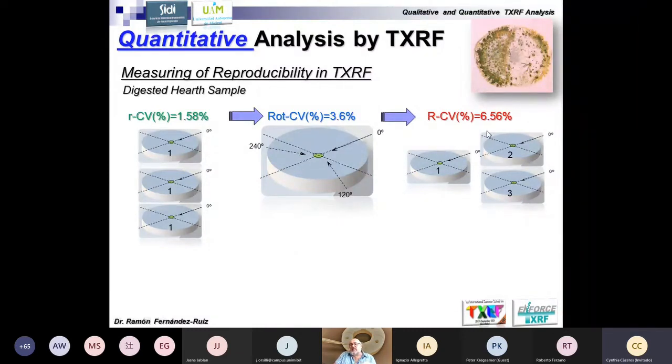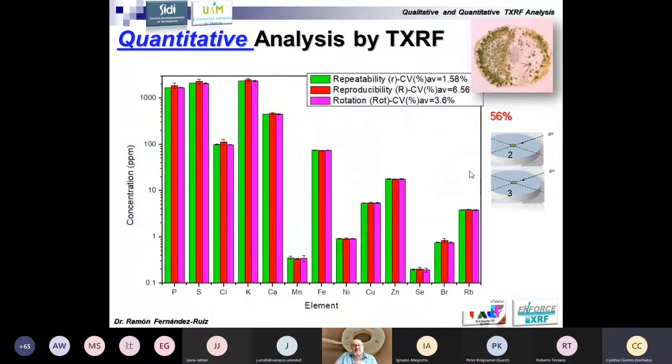And if we evaluate the reproducibility in a conventional way, that is 3 different depositions, 3 measurements, we obtain a reproducibility of 6.56%. So yes, the inhomogeneity is important, but we have different strategies to evaluate the uncertainties, in particular in this case of deposition.